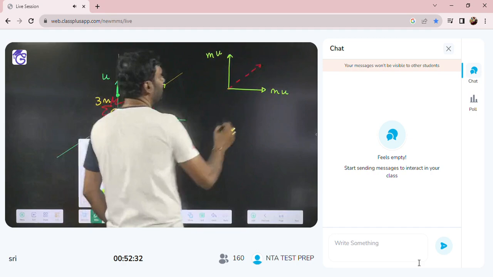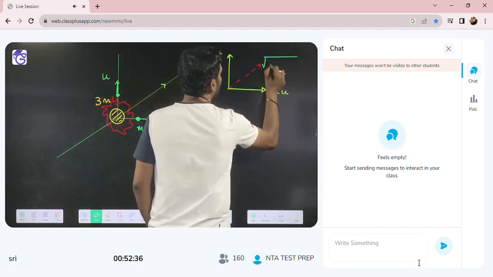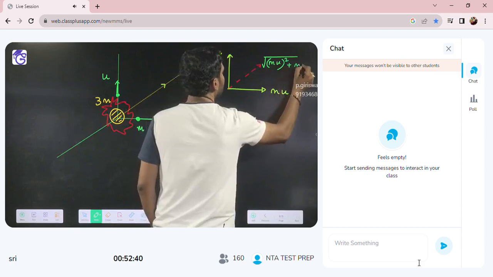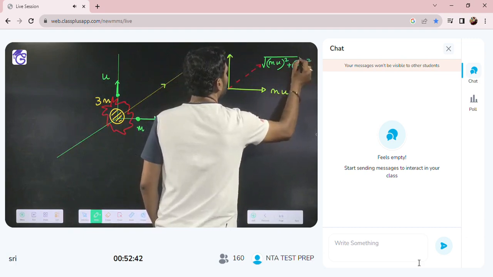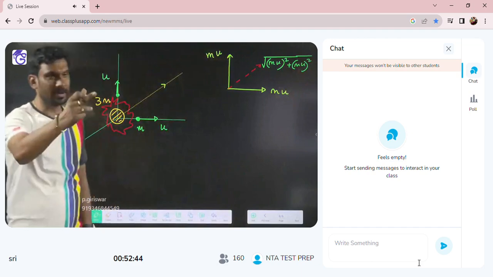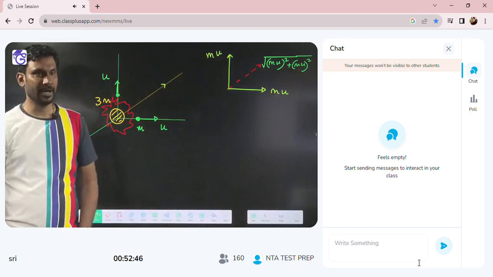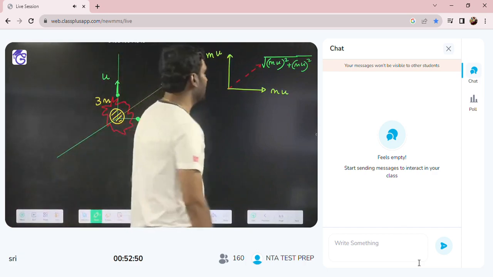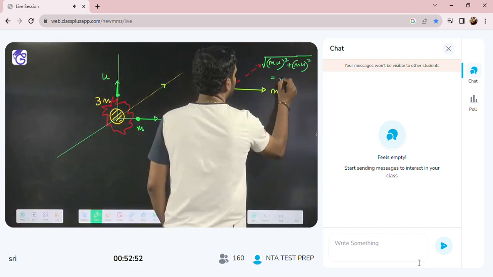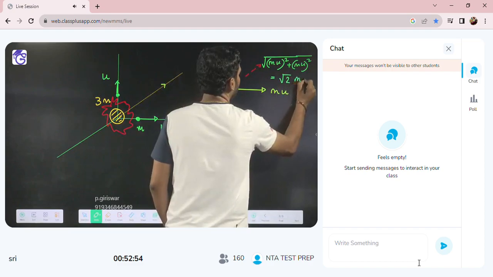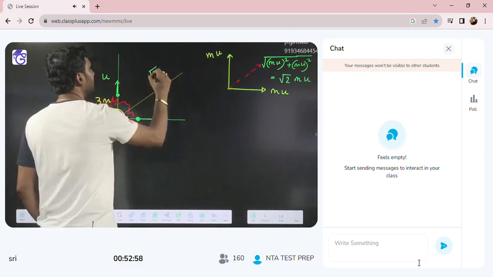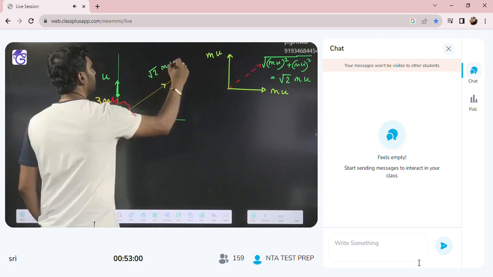And this net momentum is going to be root under of (m u) whole square plus (m u) whole square. Correct? Yes? Yeah, Remang. So that will be root 2 m into u. So what is the net momentum in this direction? Root 2 m u.